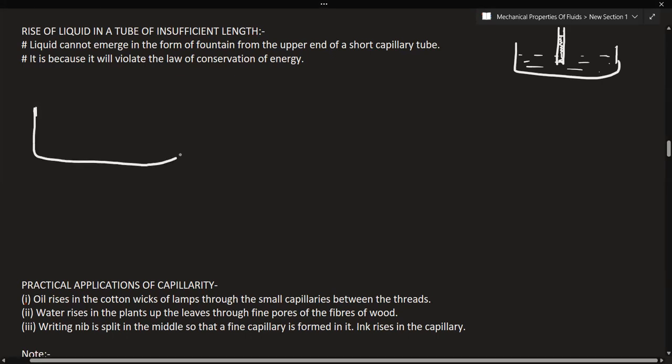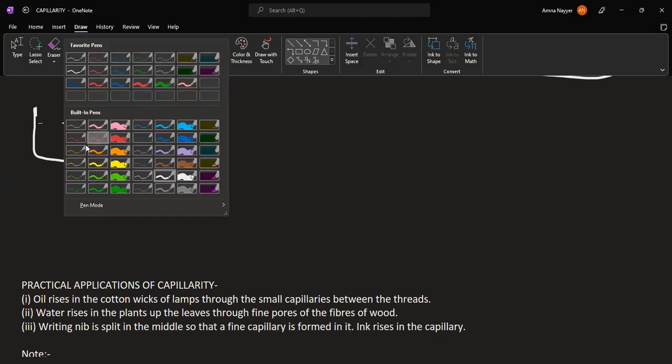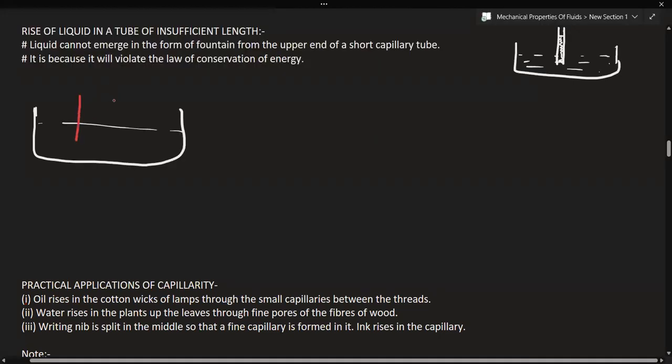See, if this is our container, this is the liquid, and I have taken a capillary tube, and let's say the height of this tube above the surface of water is 3 centimeters.